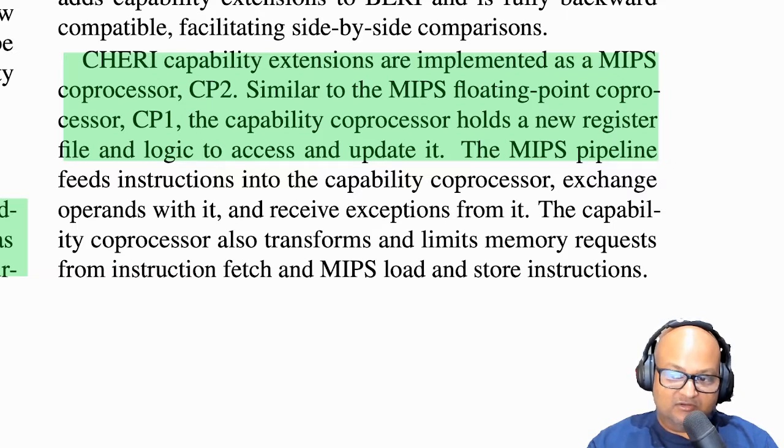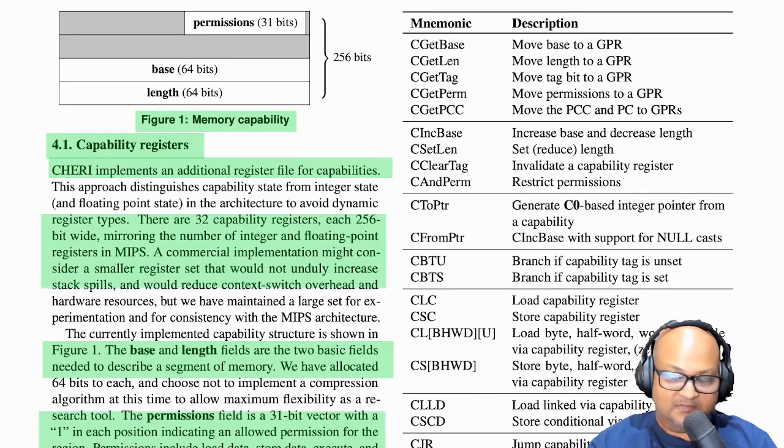And this holds its own register file and the logic around it. In terms of implementation, the authors are adding two main new abstractions. The first one is a set of memory capability registers, and the second is a set of instructions that are used to load and store these registers to and from main memory and change their contents.